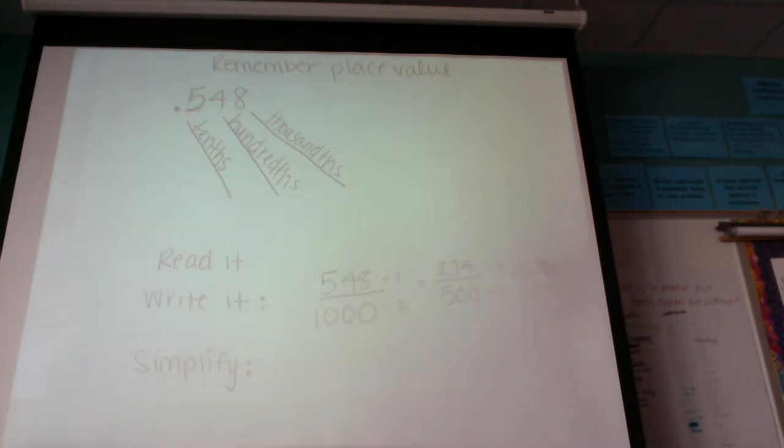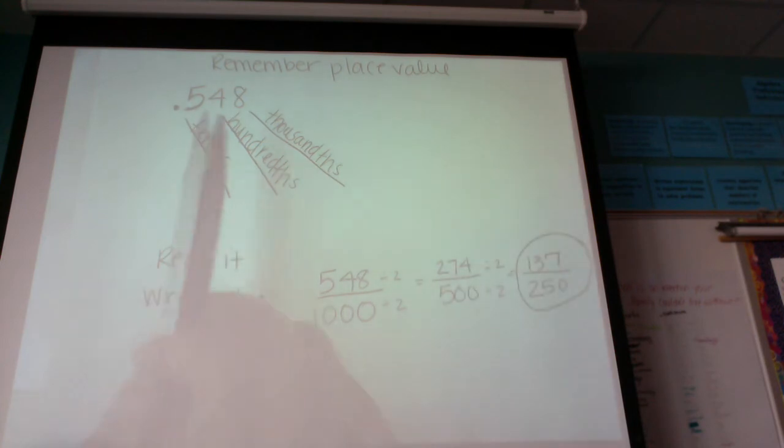To get 137. Is that as far as it can go? I believe it is. So I'm going to circle my answer, and that 548 thousandths is the same as 137 over 250 written as a fraction.